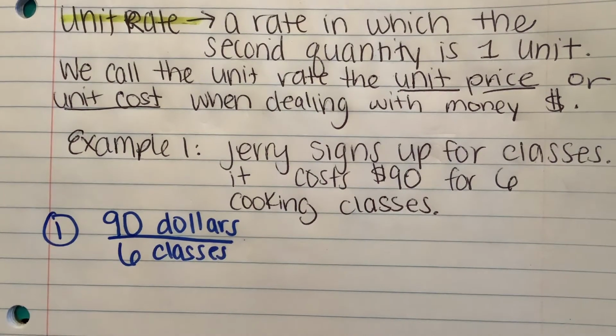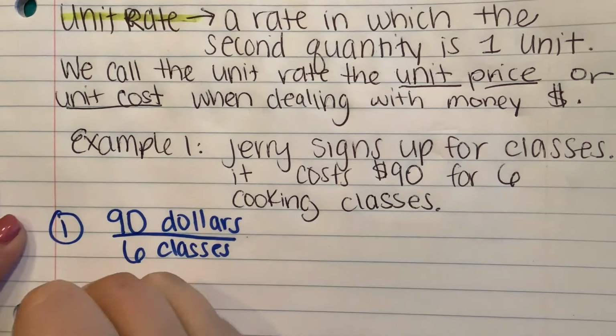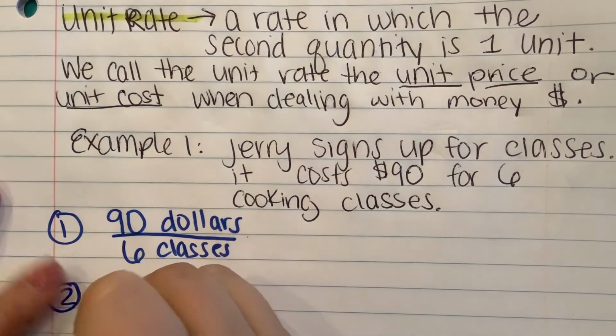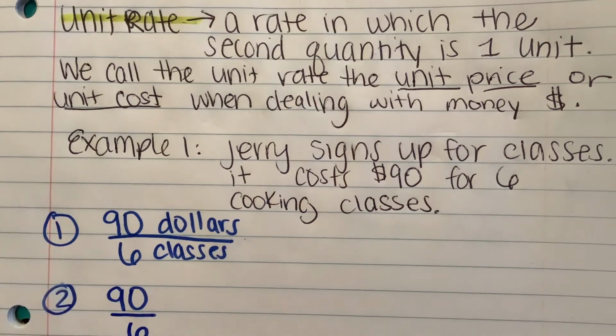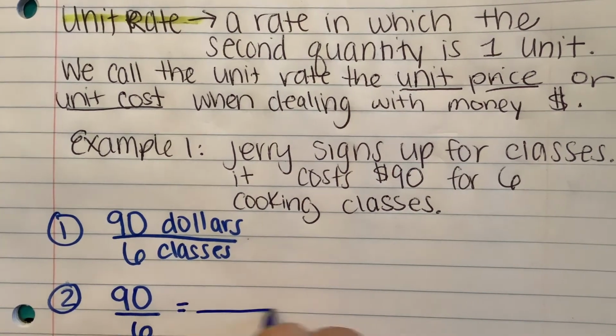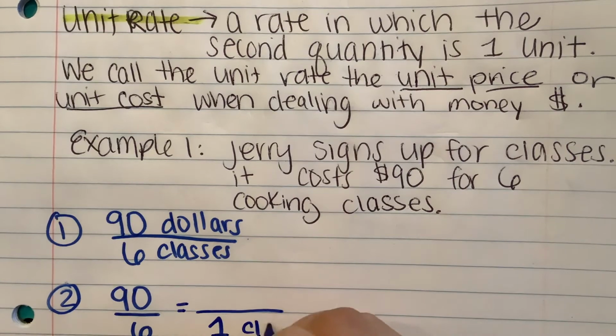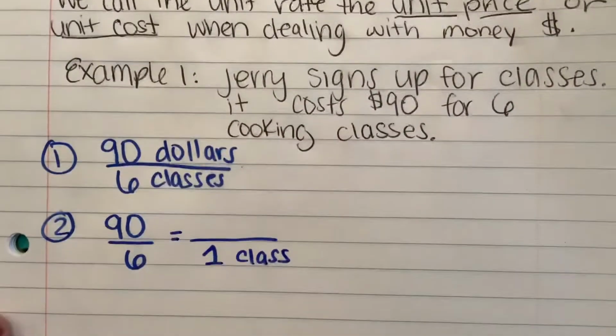So we are going to divide both the quantities by the same number. So the quantity of classes is 1. Check this out. So we have 90 over 6, and I'm going to keep my labels in mind, equals, and I'm trying to get to 1 class.